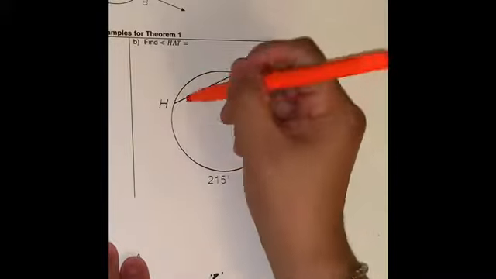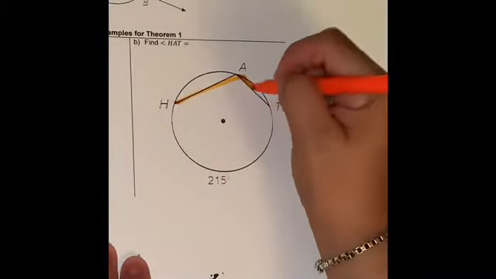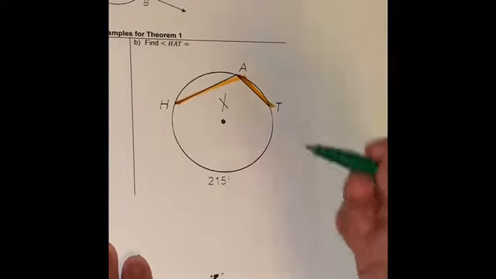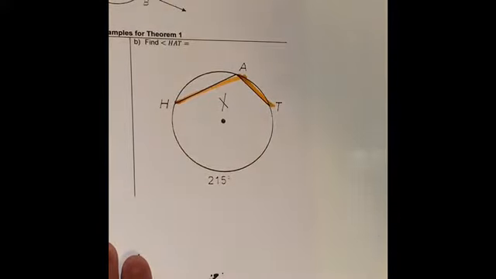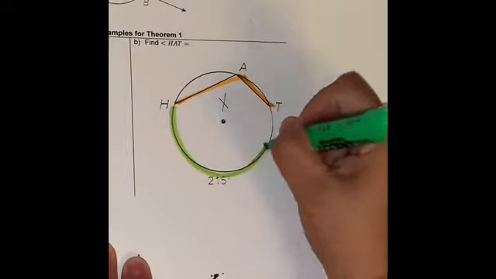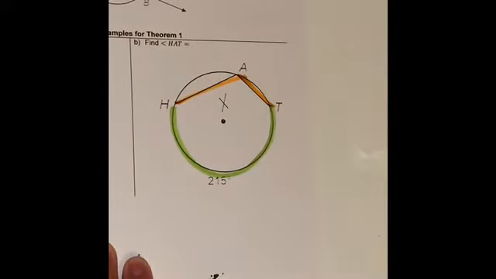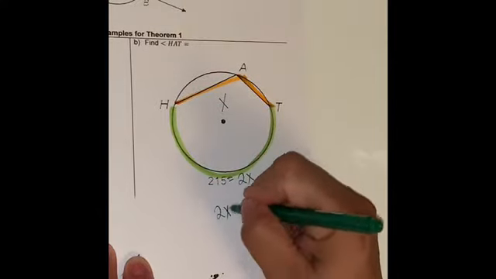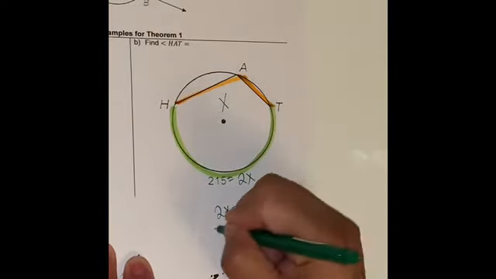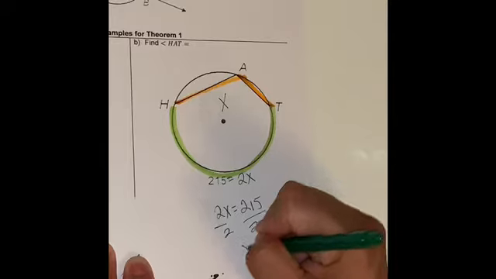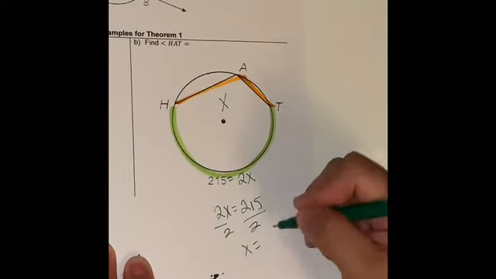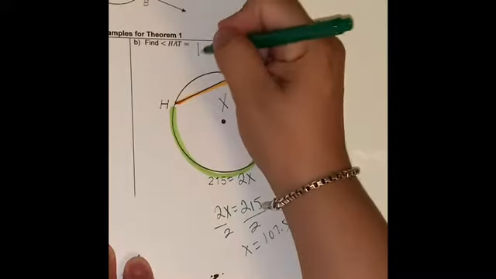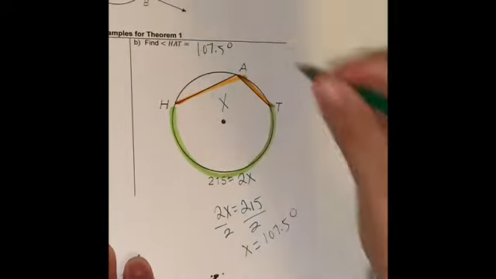So the angle of HAT, remember this was x, so that's going to be our x. And then you're going to say that this arc is going to be 2x. So we need to find x. So 2x equals 215. Divide both sides by 2. X is going to equal 107.5 degrees. That's 107.5 degrees.